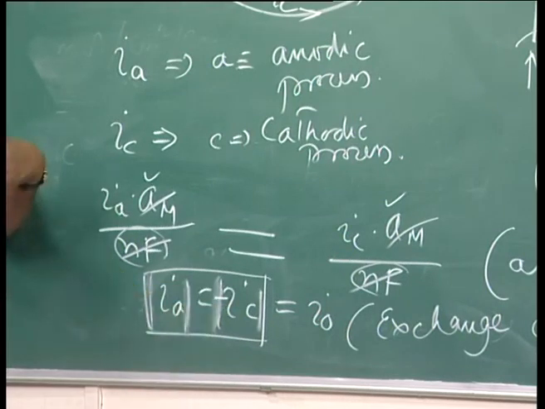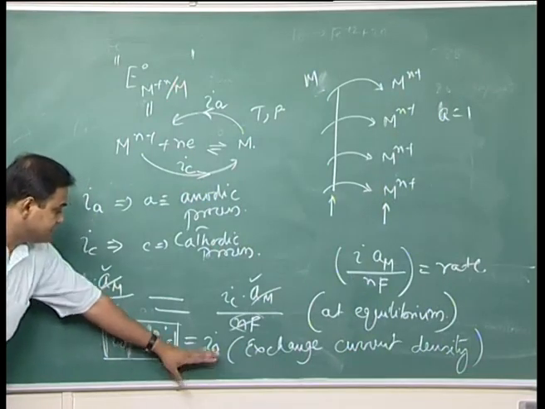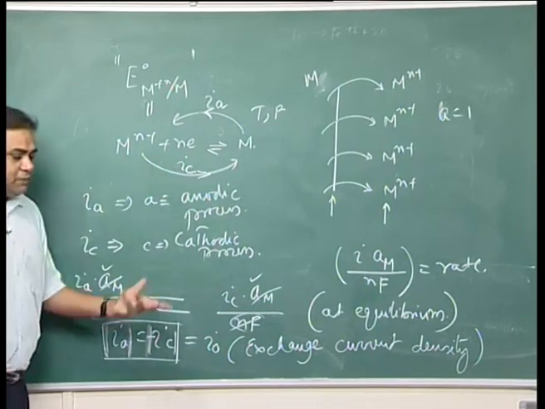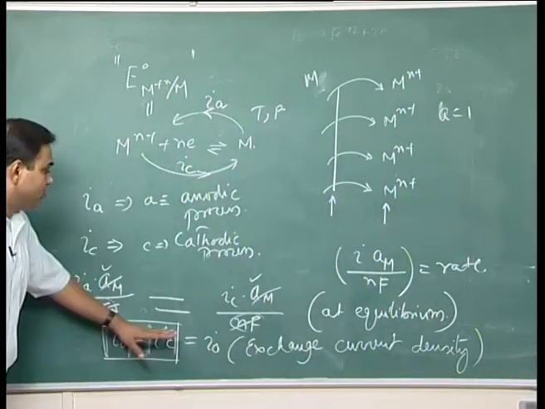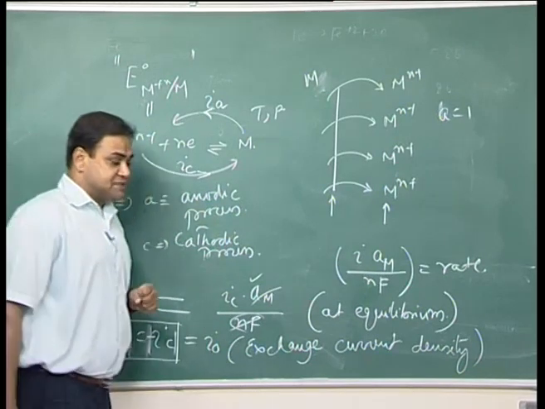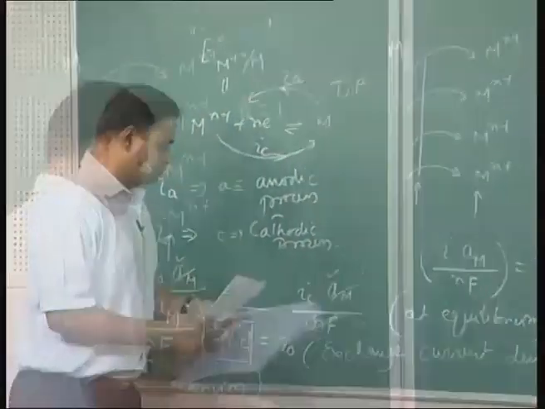This minus sign indicates the direction of the flow of the charge or the current, and I0 is nothing but the exchange current density when IA equals minus IC in the reversible non-corroding process. So, at that time we term it the exchange current density, and this exchange current density has a huge implication on the corrosion process.